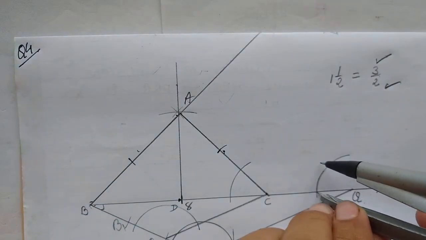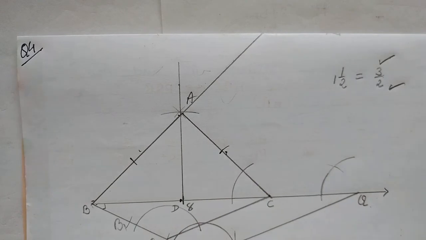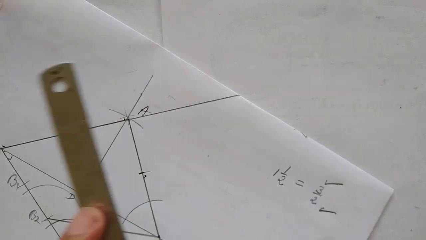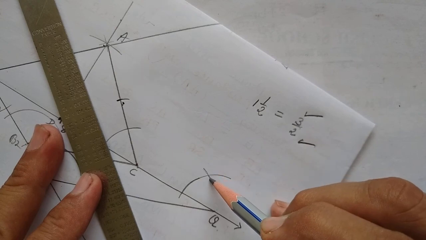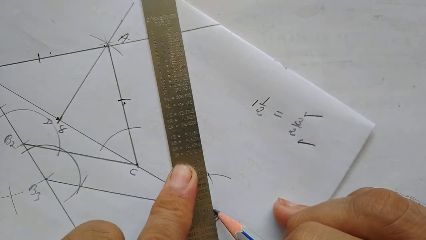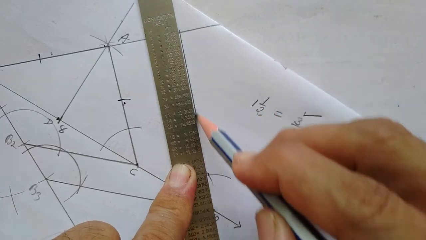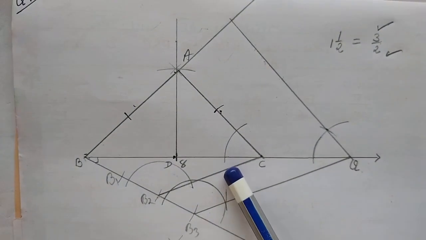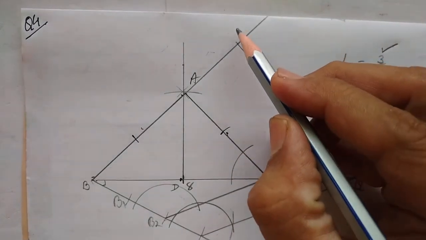From here draw a line from Q, children, to this point. Now you can see that, children, we have two parallel lines here, and this is our required point P.